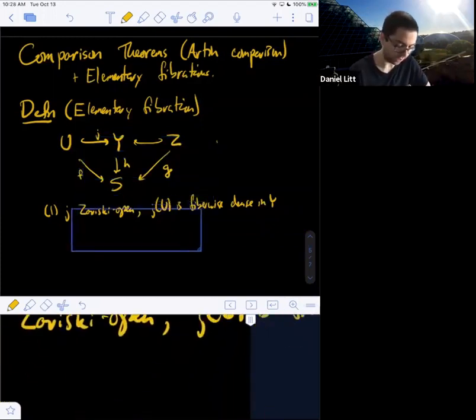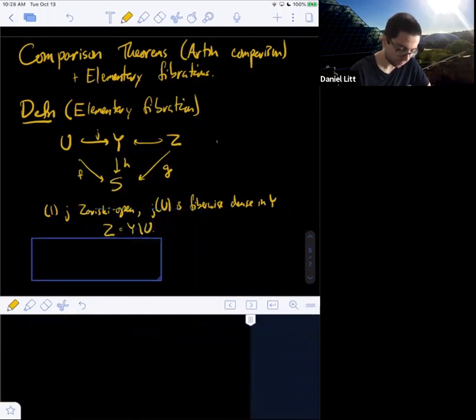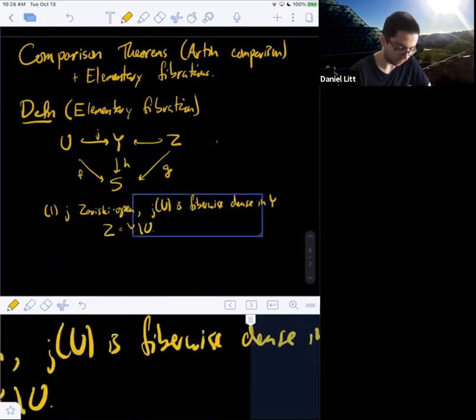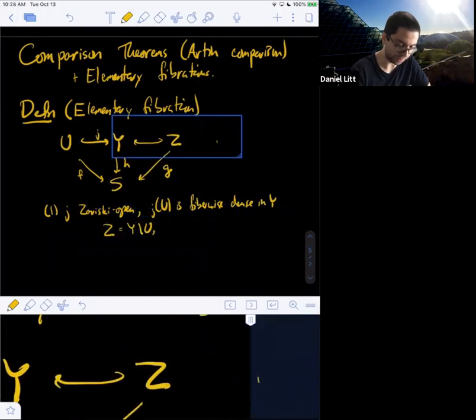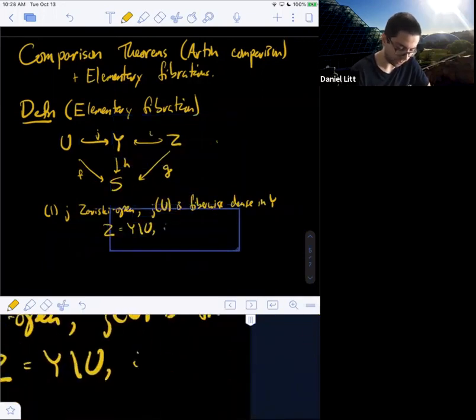And then Z is the closed complement. Here, let me call this i, i from Z to Y is the closed embedding.